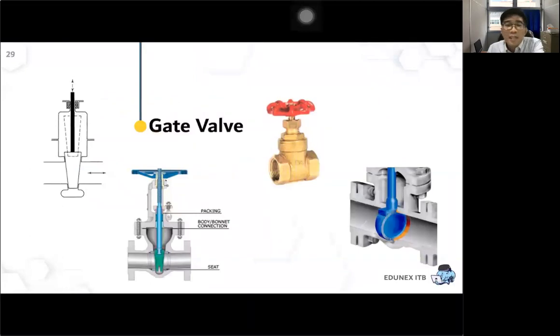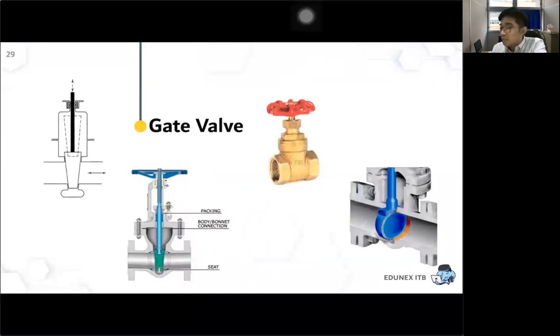Okay. The other type is valve. We have different types of valve, but basically the function of the valve is to control the flow rate, either to just open and stop the flow, or maybe you can adjust the flow rate.